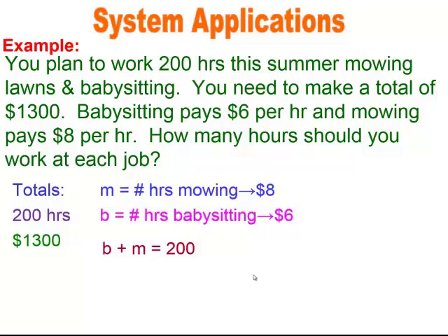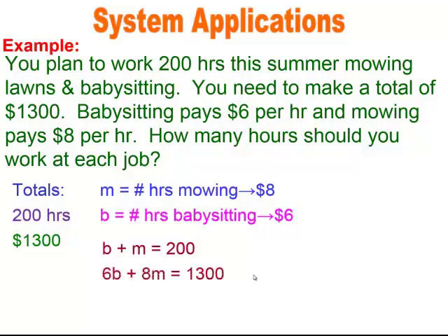What I do know is that I'm going to babysit and I'm going to mow lawns, and it's going to total a total amount of 200 hours. So this represents the hour equation. When I want the total for the dollar equation, I need to associate the dollar amount with each activity.